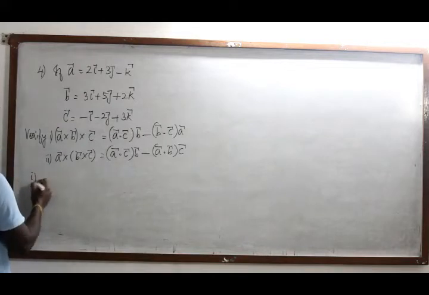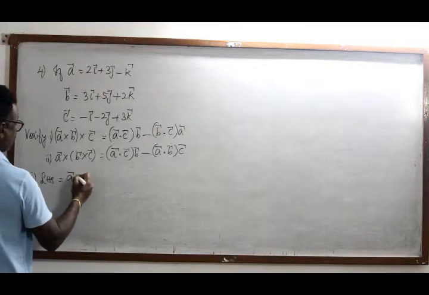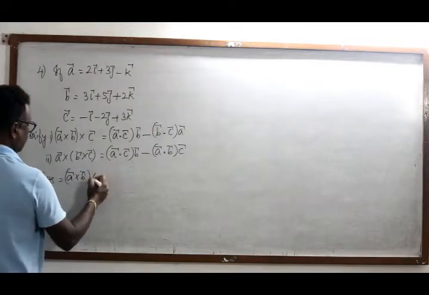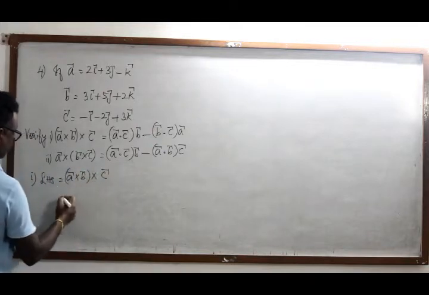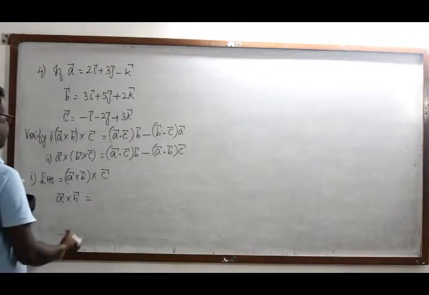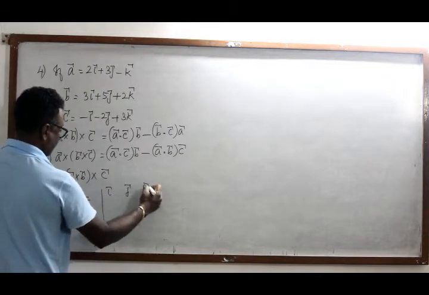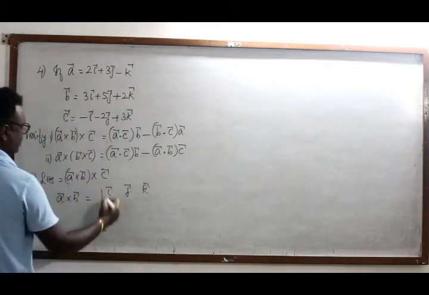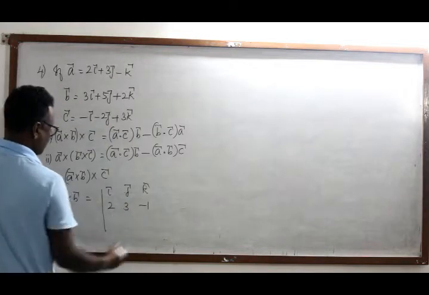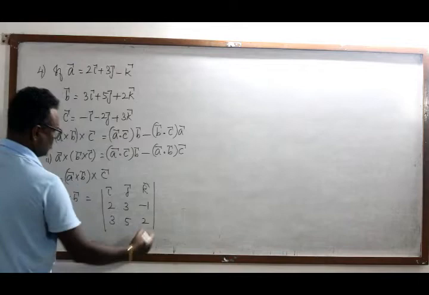So first question, in that one left hand side is A cross B cross C. In that one, bracket first, so A cross B. A cross B means cross product means determinant. So i, j, k. A vector is 2, 3, minus 1 and B vector is 3, 5, 2.